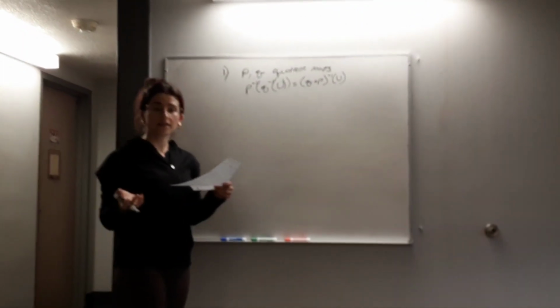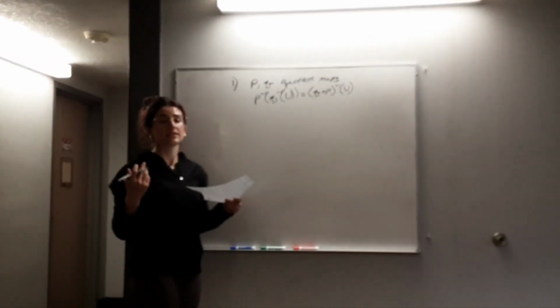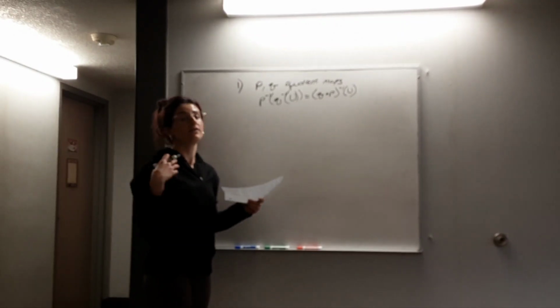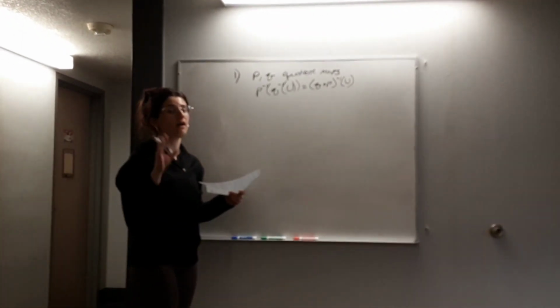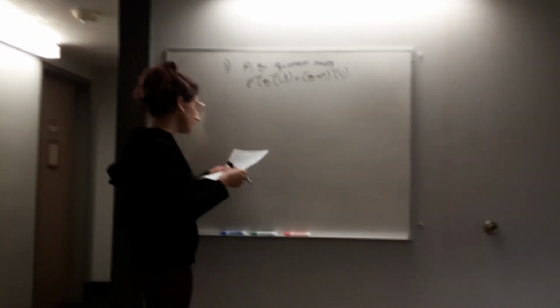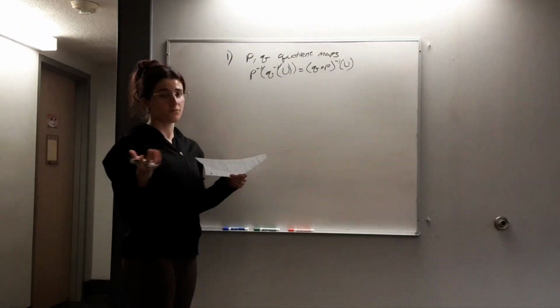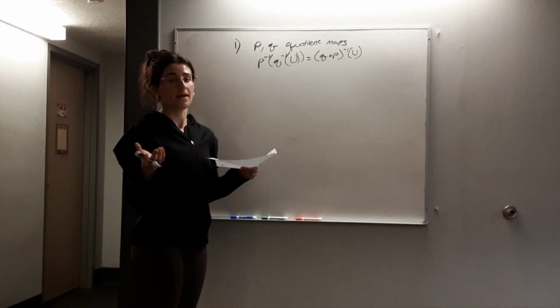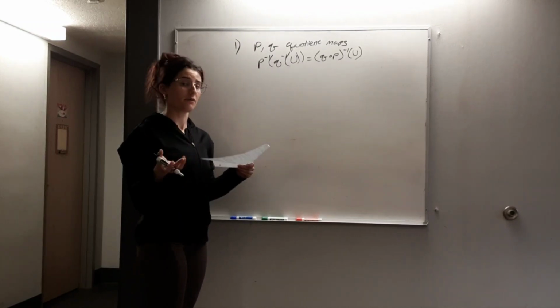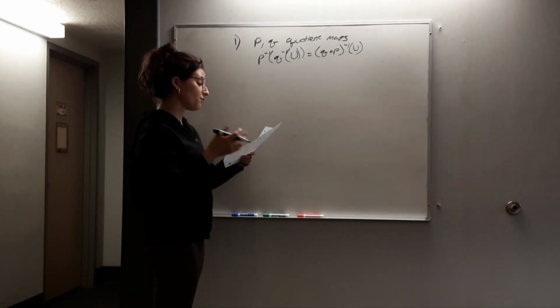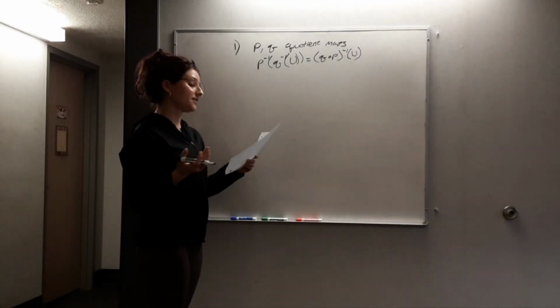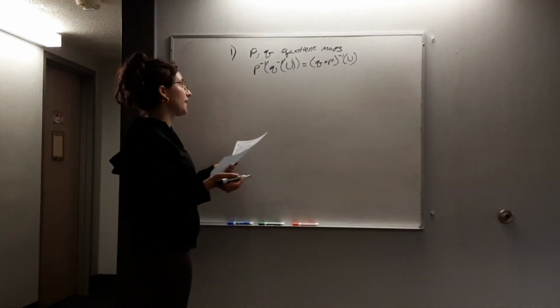However, when it comes to the products of quotient maps, this does not behave nicely unless we have extra restrictions placed on the quotient maps that we're using. What that means is the product of quotient maps is not always necessarily a quotient map itself. In order for that to hold, the spaces must have local compactness.